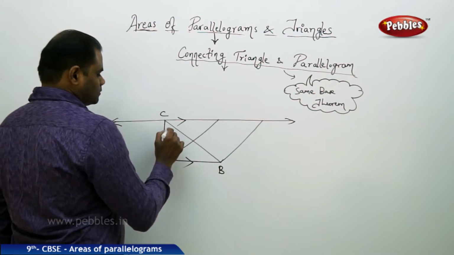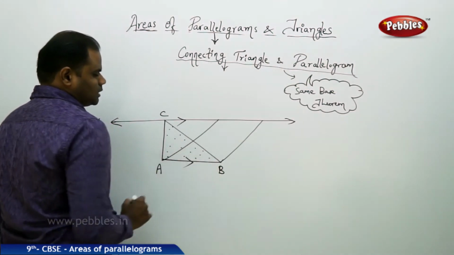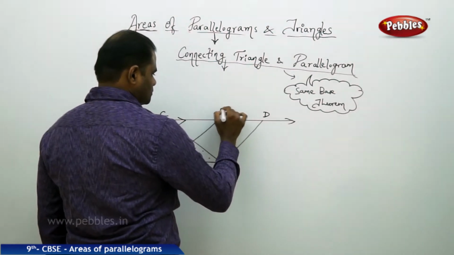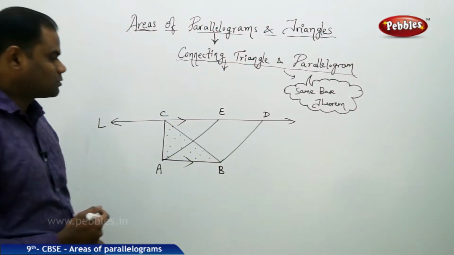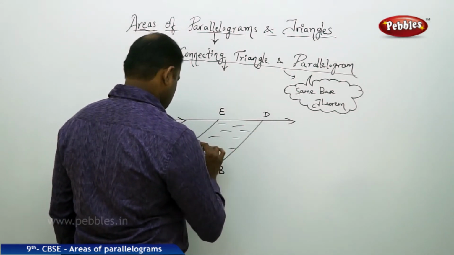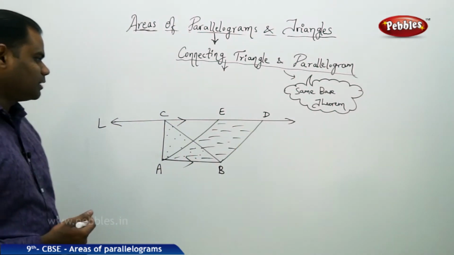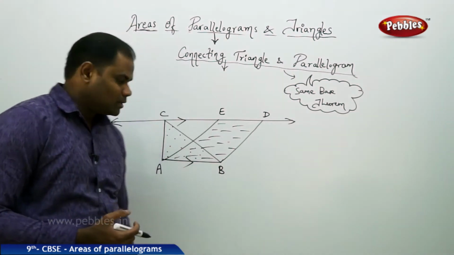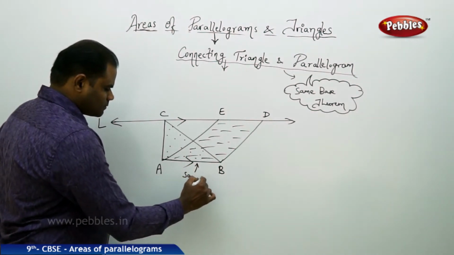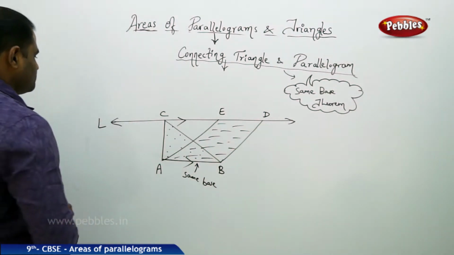ABC is the triangle and ABDE is a parallelogram. So they are of course found to be on the same base and between the same parallels L and AB.